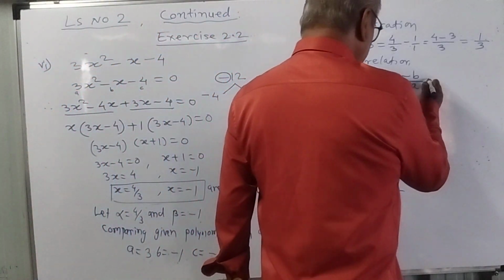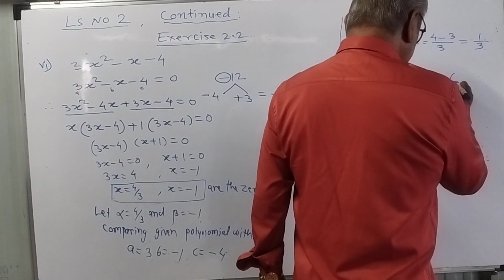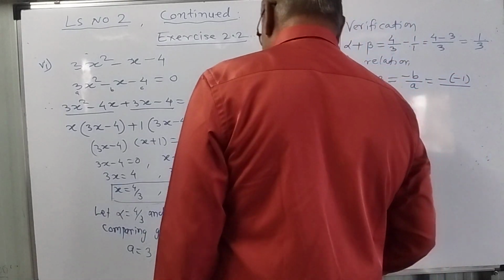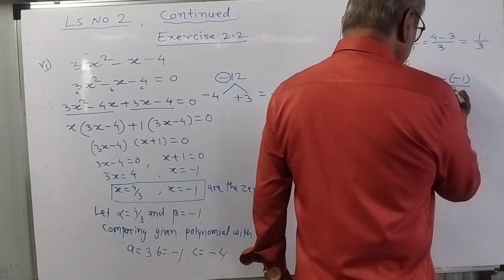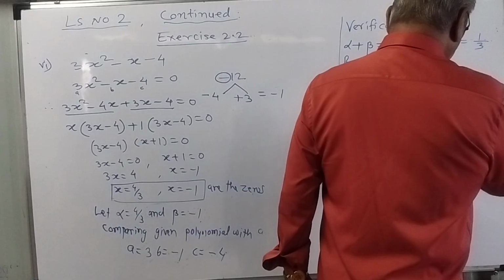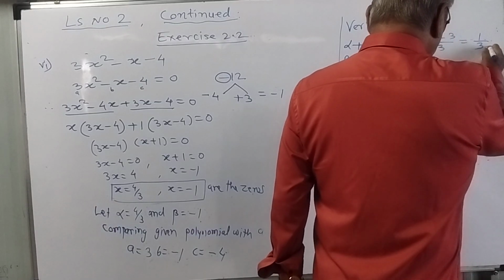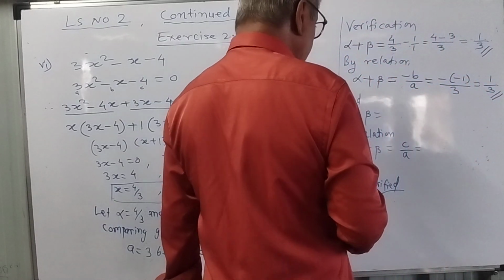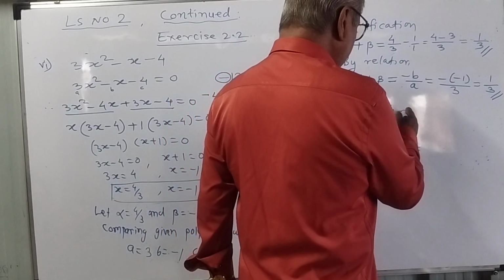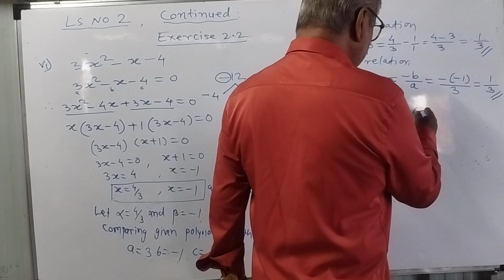Look at this. Here minus and b is again minus 1 upon a is 3. So minus and bracket madhe minus becomes plus 1 upon 3. So sum is verified.